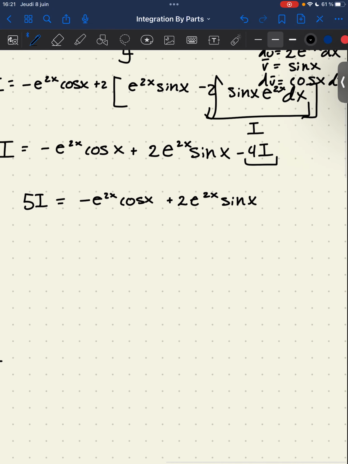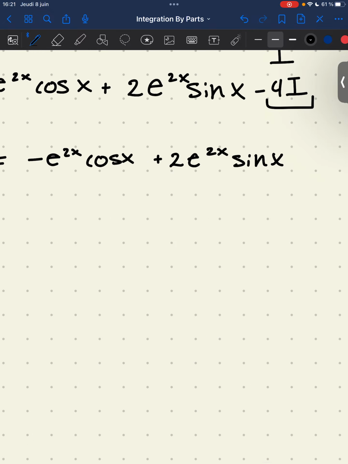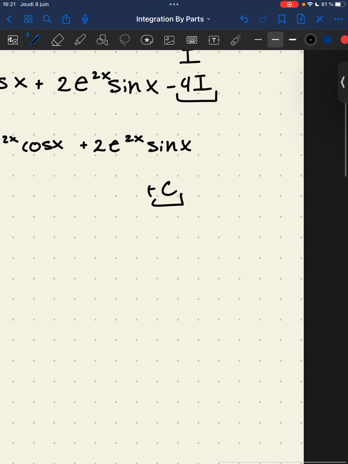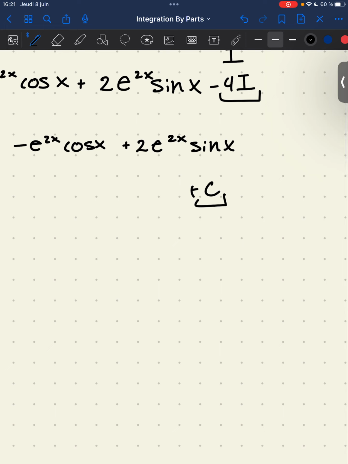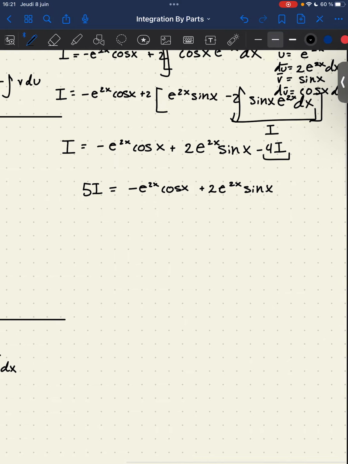Now something I'm realizing right now is I'm forgetting my plus c, but it's better to just leave it towards the end once you have your final answer, because essentially you have the unknown, and if you multiply the unknown by 5, it's essentially the same thing as saying it's just another unknown, because you don't know what this is. So multiplying 5 by a constant is still another constant that differentiates to 0. That's the reason why we have to put an unknown.